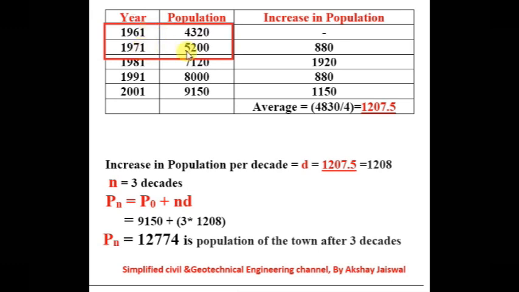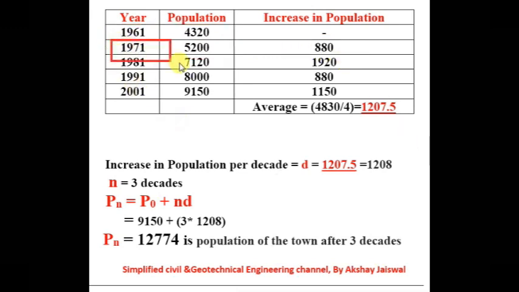To find it, just take the difference between these two population values, that is 5200 minus 4320, and we get 880. So the increase in population from 1961 to 1971 is 880.